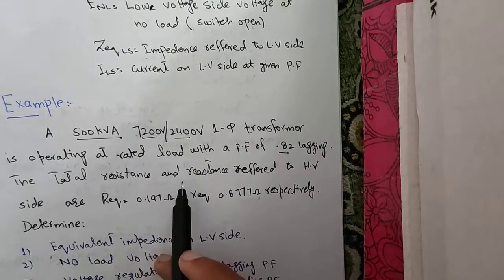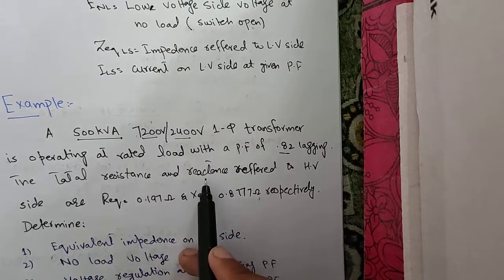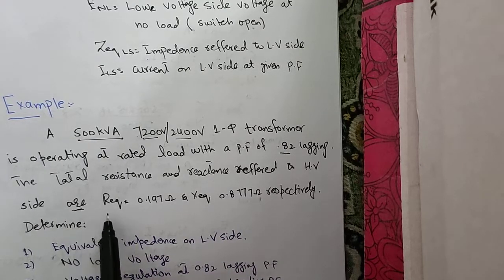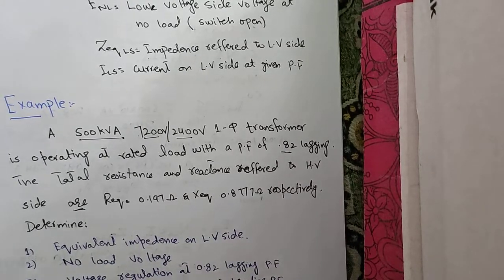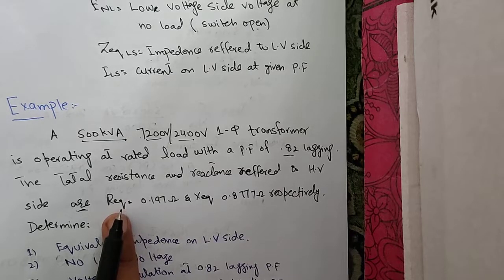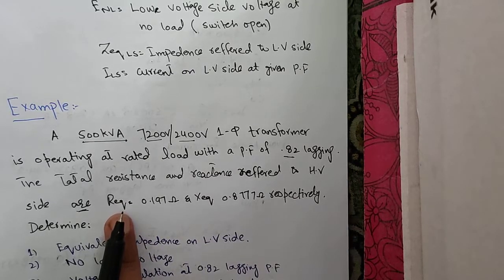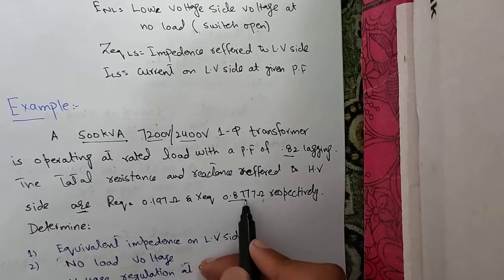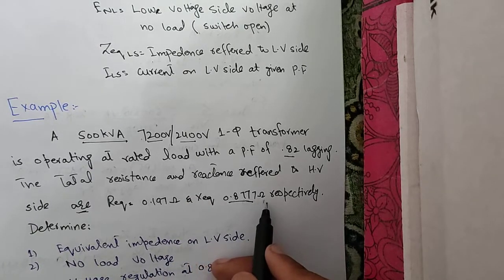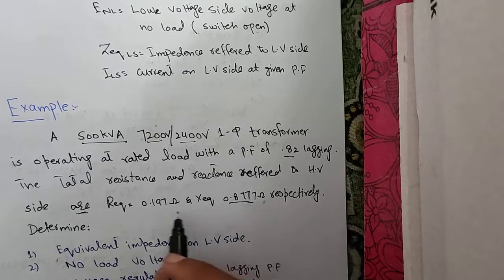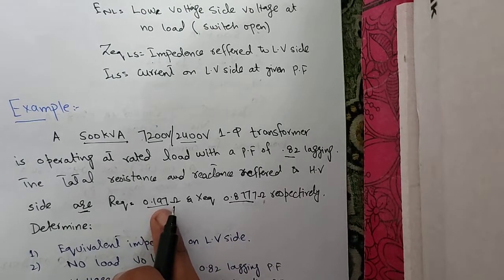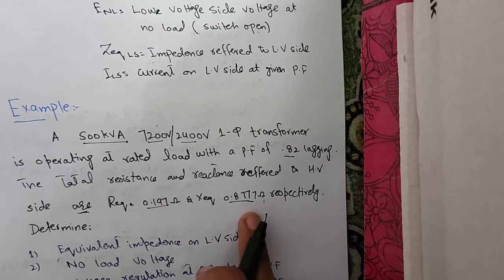Now the total resistance and reactance offered on the high voltage side is given as impedance, which consists of resistance and reactance: 0.877 ohm and 0.197 ohm. 0.197 is your resistance and 0.877 is your reactance.